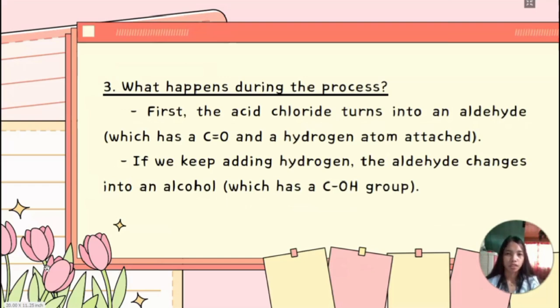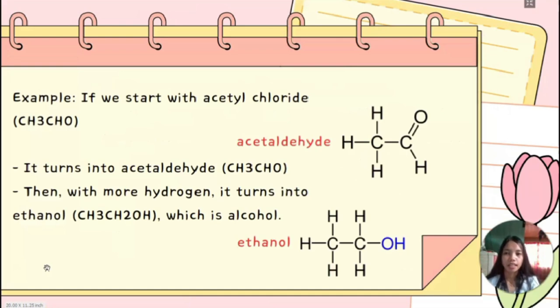What happens during the process? First, the acid chloride turns into an aldehyde, which has a C=O and a hydrogen atom attached. If we keep adding hydrogen, the aldehyde changes into an alcohol, which has a C-OH group. So here's the example.